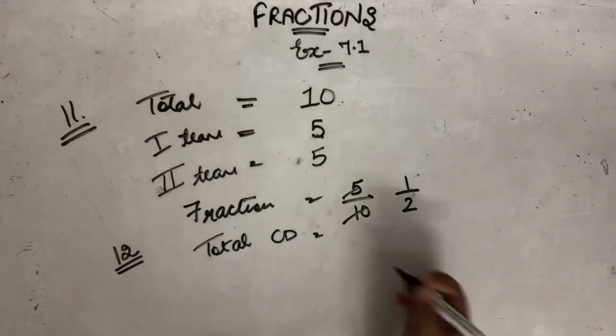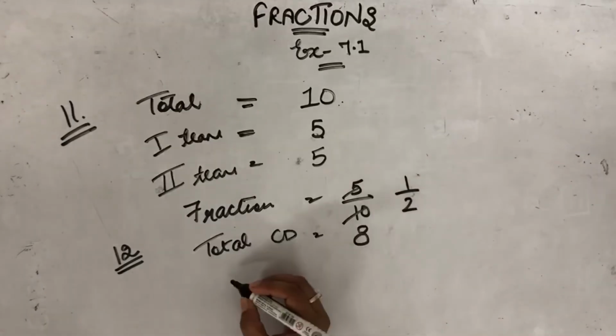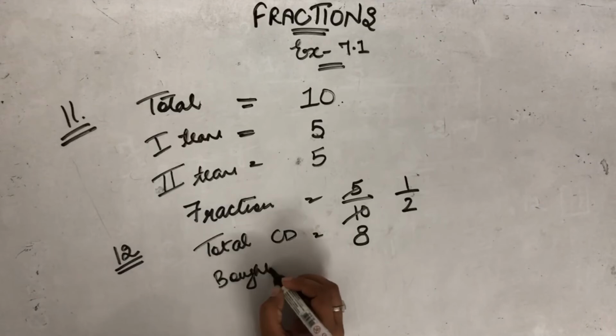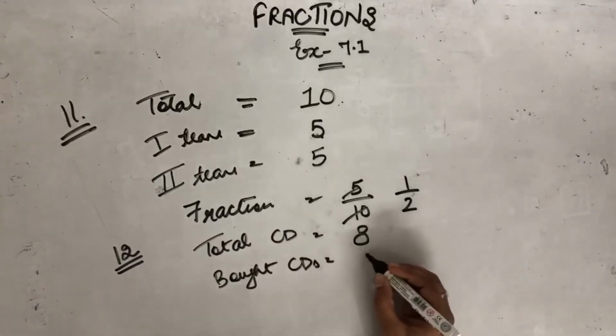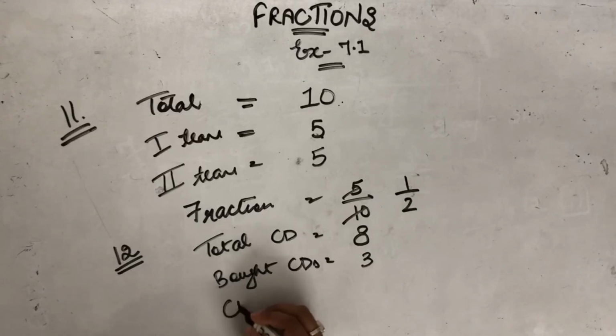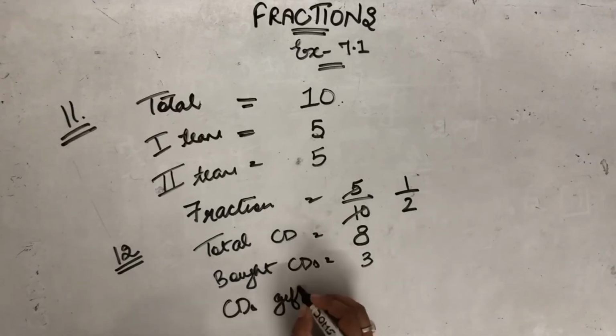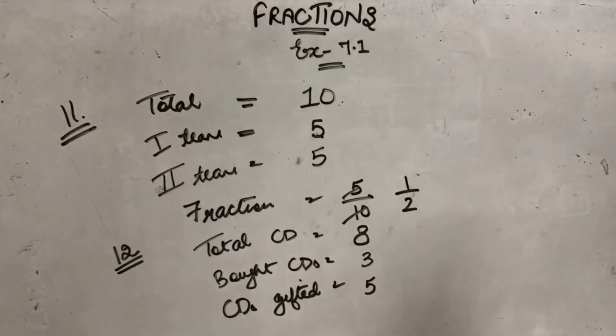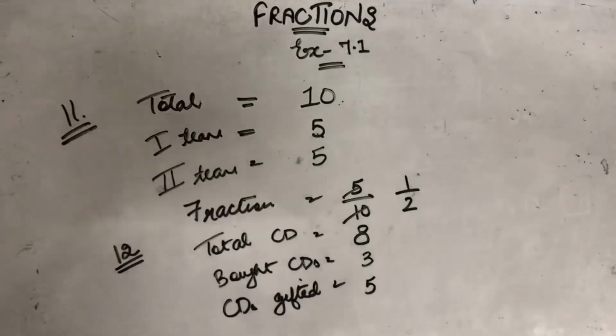So 3 plus 5 will be 8. So CDs bought by her is 3 and CDs gifted are 5.